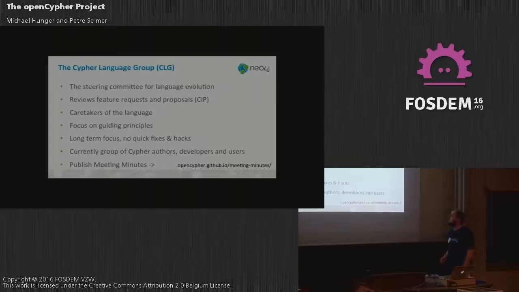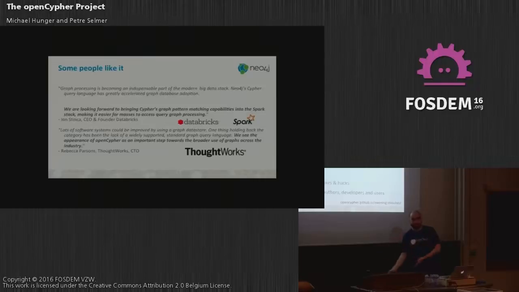The Cypher Language Group is a steering committee and the caretakers of the language, and they want to make sure that the guiding principles, for instance making the common things easy and the other things possible, are kept, so that it always stays a humane language focused on readability and so on. Sometimes I was a bit frustrated with this, I have to say, because I want to get cool stuff in, and then they ask me, did you really think about the long-term effects of your proposal and what it will do to the language?